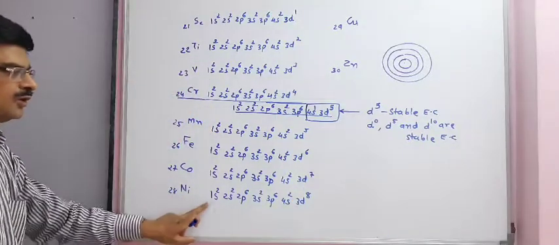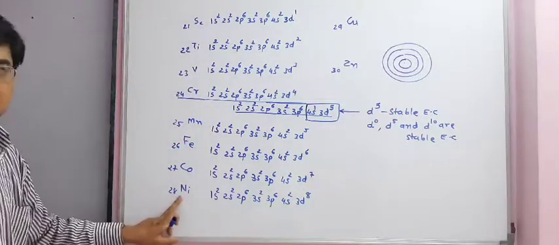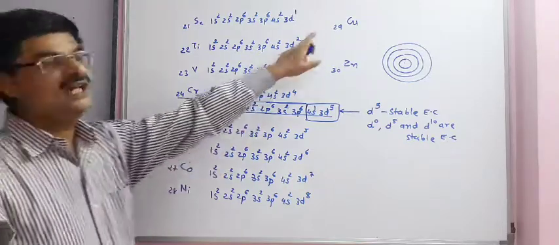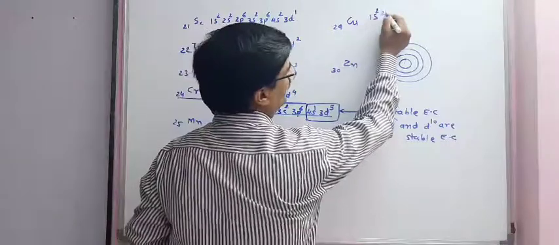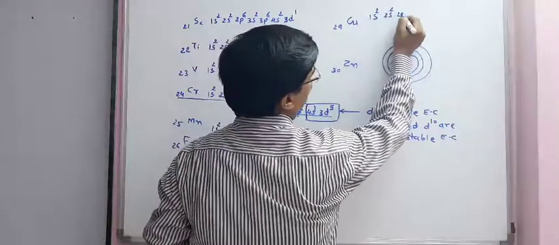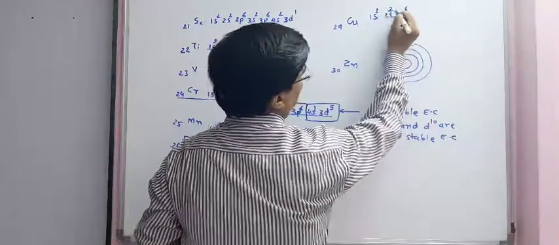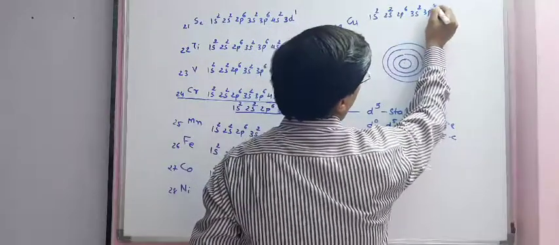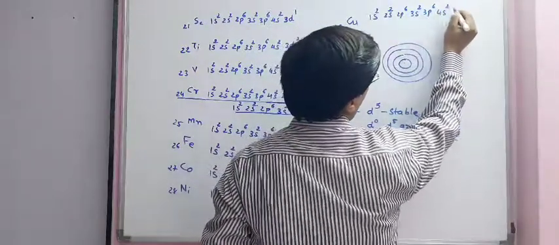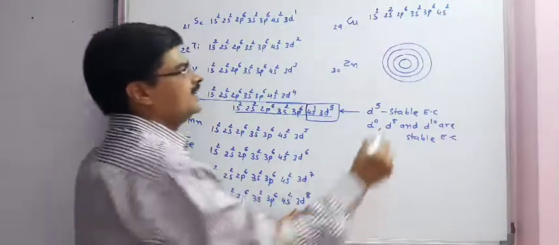So this is the electronic configuration of nickel. Now we have copper 29, 1s2, 2s2, 2p6, 3s2, 3p6, 4s2 and 3d9.